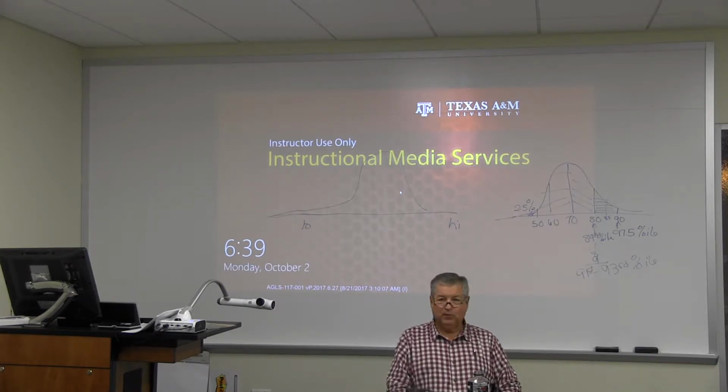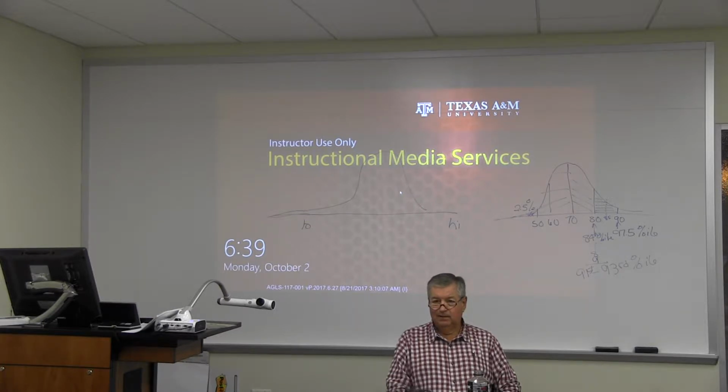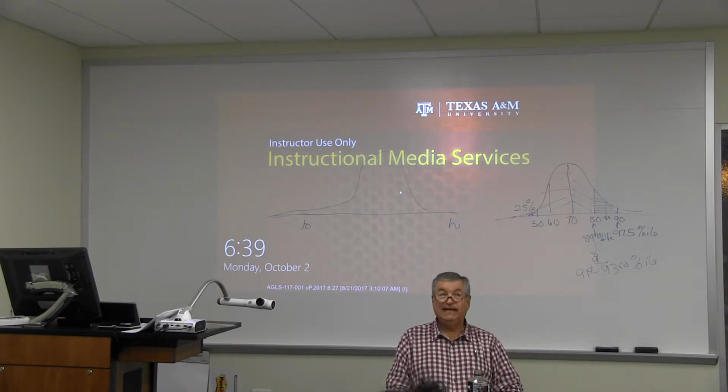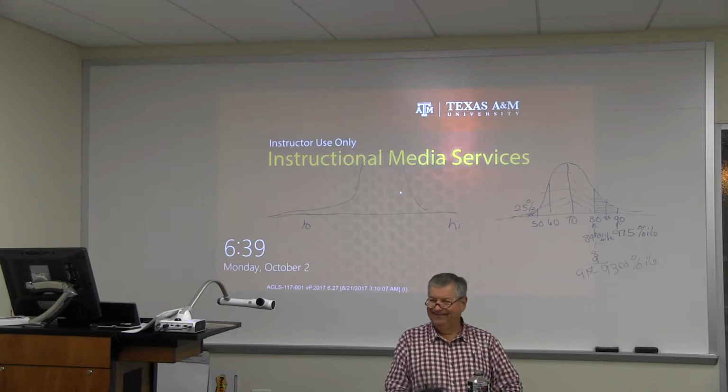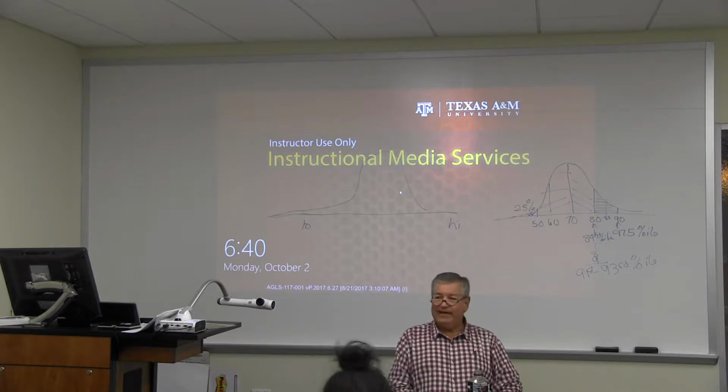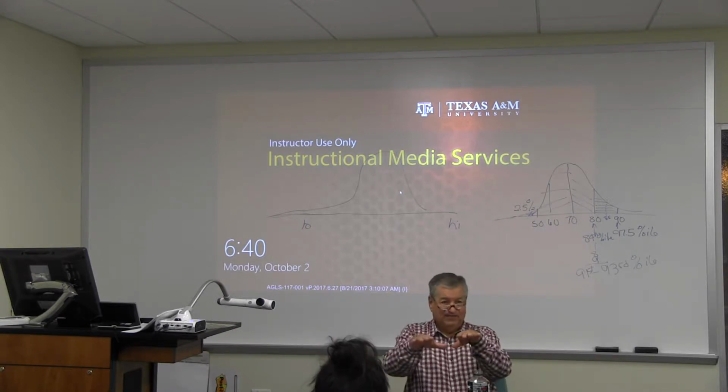What kind of results would we get? We'd have 100 sets of 10 coin tosses. Would we get 100 5s and 5s?